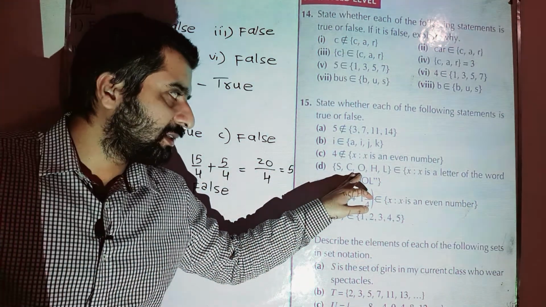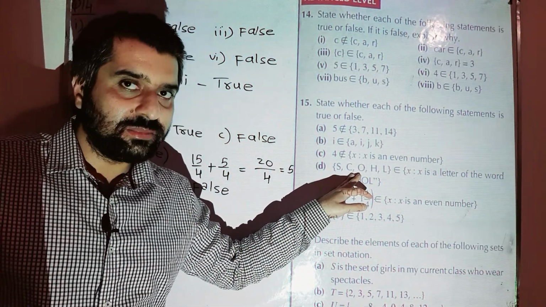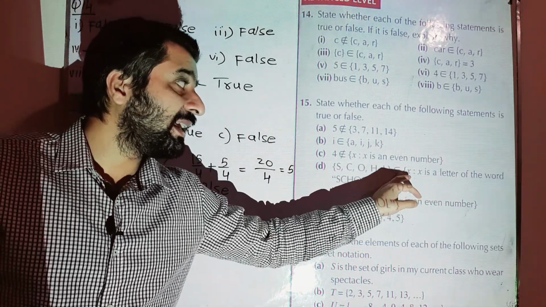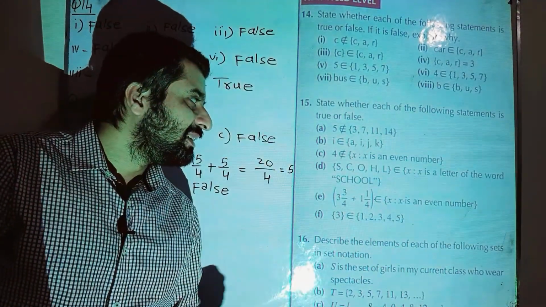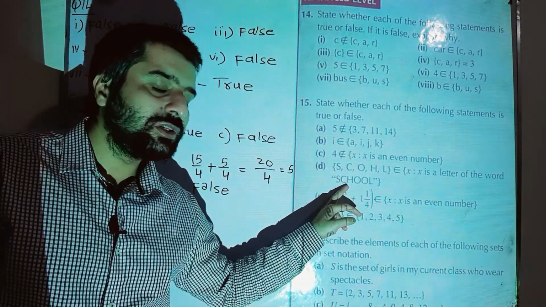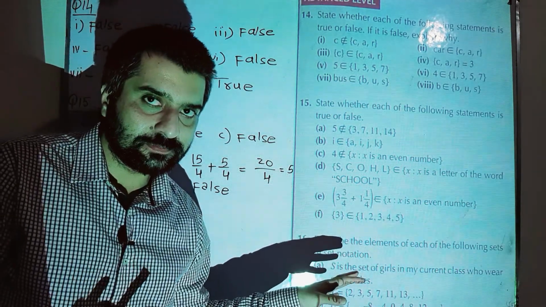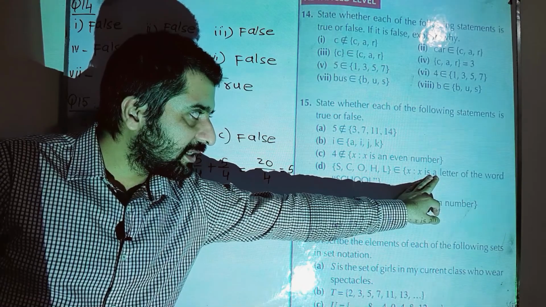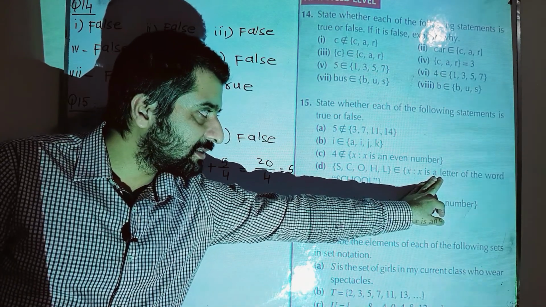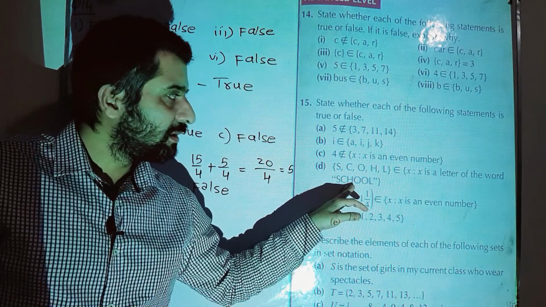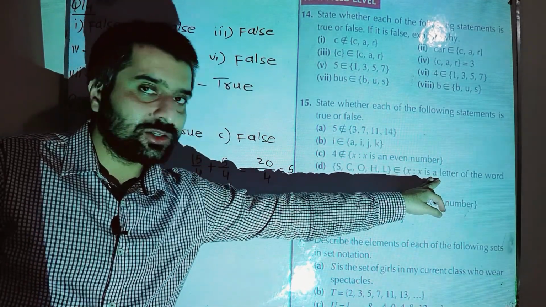Now this set that has elements S, C, H, O, L, is that an element of the set which has letters of the word school? We have a set, this one, and this set has letters that belong to the word school. So this set is not a part of this set.